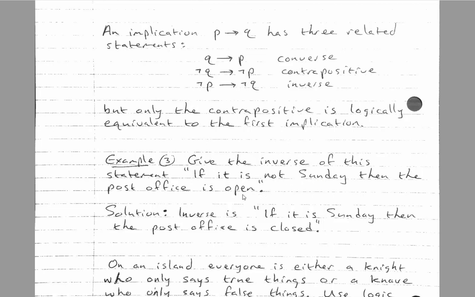So you can say that. If it is not Sunday, then the post office is open, is equivalent to saying if the post office is closed, then it has to be Sunday. That's the contrapositive.